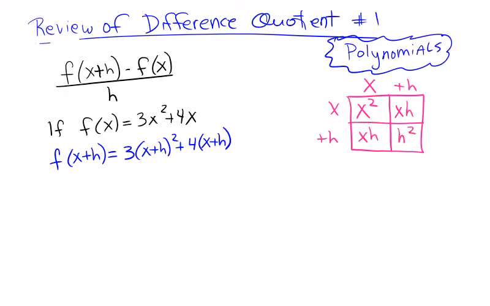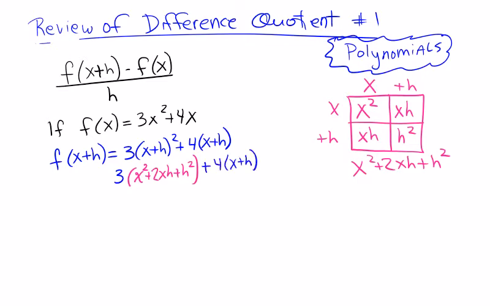So x plus h squared actually gets us x squared plus 2xh plus h squared. That is the value that we are going to put in the parentheses. The rest of the equation is going to stay as is right now. So 3 and then the parentheses plus 4 times x plus h.